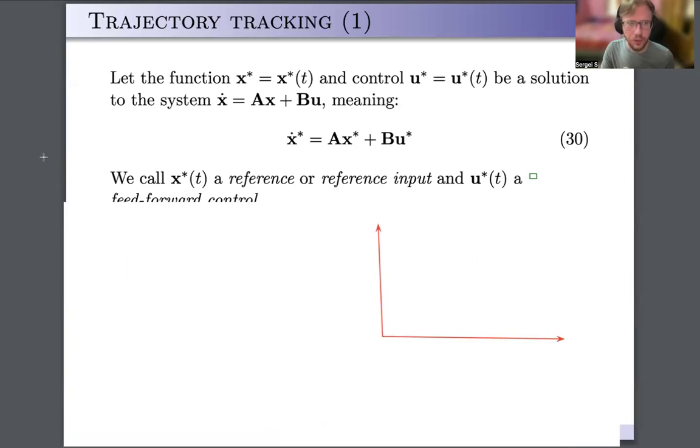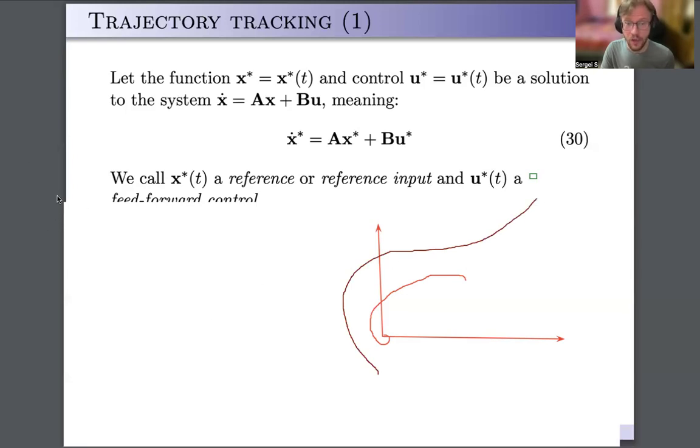A control that stabilizes the origin basically tries to make sure that the trajectory of your state goes towards the origin. That is what stabilizing control does. Now, if you have trajectory tracking, you may have a reference trajectory that goes maybe something like this. That is maybe your reference trajectory.